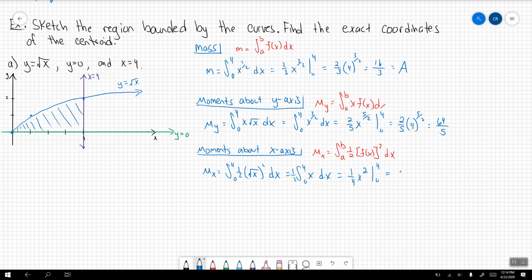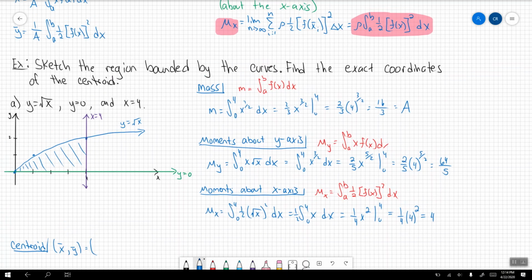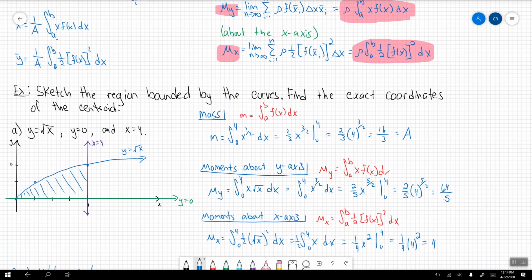Nice. Which means this is just going to be 1/4 multiplied by 4 squared, which is just 4. It's looking good. All right. Pretty good so far. Now, to find the centroid, all we do is find x bar and y bar.